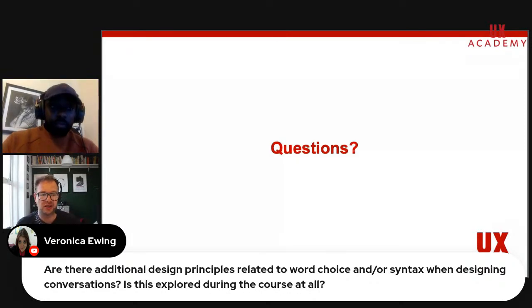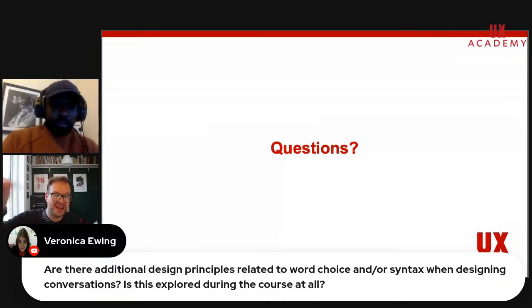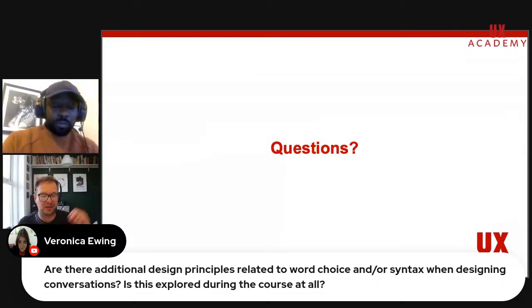So we'll say, the next train is at 7:30 and it's from such and such a platform. Well, it turns out that if you want a user to walk away with the right information, you have to put that information at the end of the sentence. People in radio actually learned this decades ago. So if we're talking about word order or syntax, if there's one thing in the sentence that you really want your user to remember, you try to put it at the end so that that's the thing they walk away from the conversation with. That's just one of many tips.